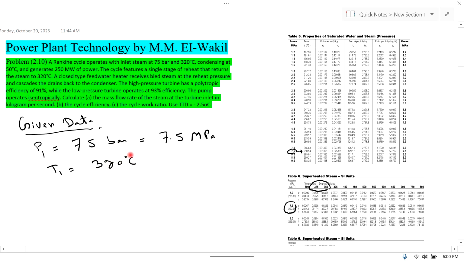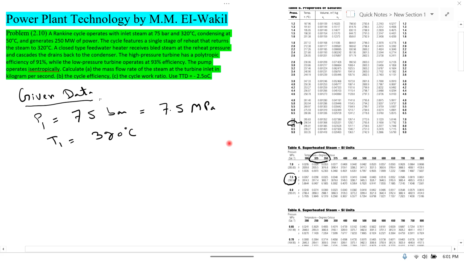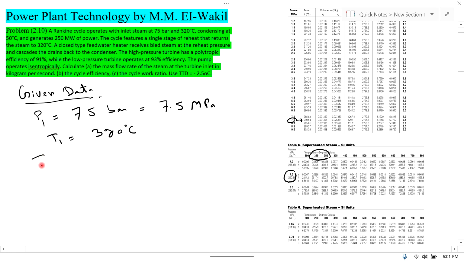Condensing at 50 degrees centigrade, the condensation temperature T3 is equal to 50 degrees centigrade, and the cycle generates a total power of 250 megawatt.